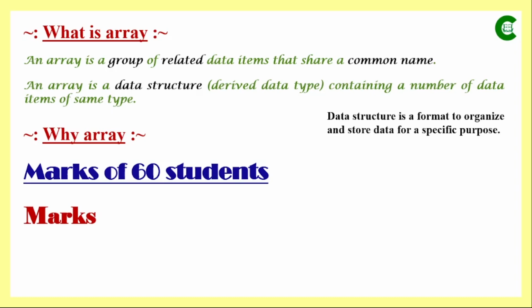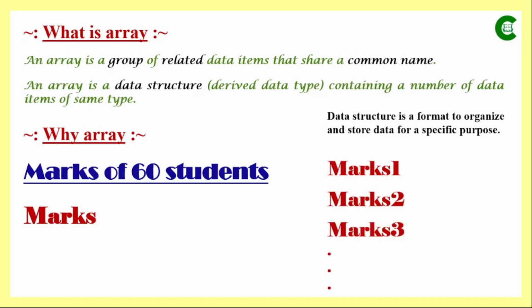Then another approach is to declare 60 variables in our program, marks1, marks2, marks3 till marks60, and the marks of the first student will be stored in marks1, the marks of the second student will be stored in the second variable which we have declared as marks2, and so on. But is this a good programming approach?